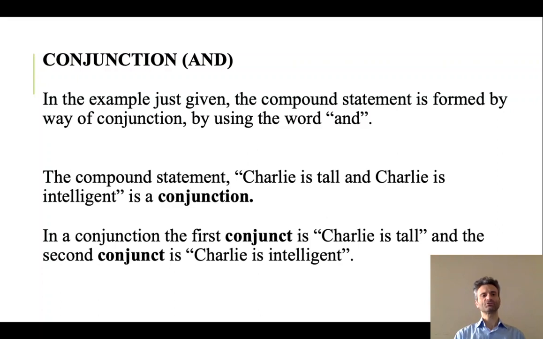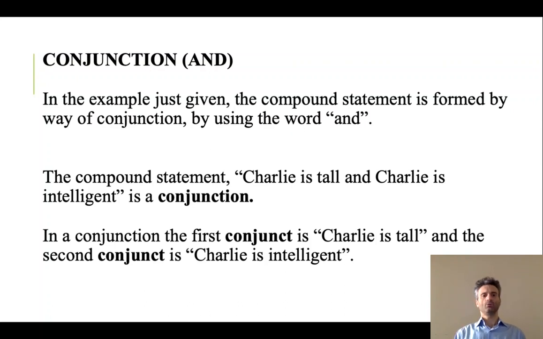Let's start with the first symbol. The first symbol is what we call conjunction. We talked about it before, just a minute ago, in the example just given, when two simple statements are conjoined together with the word and.